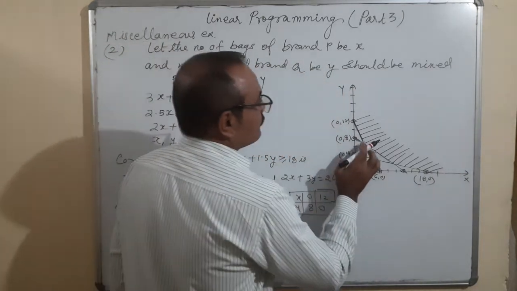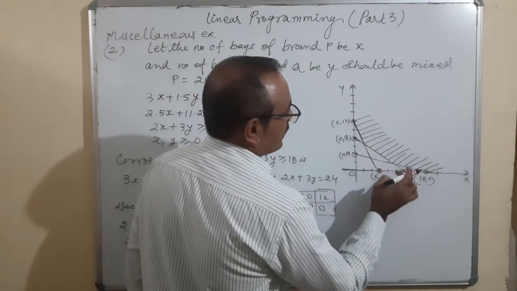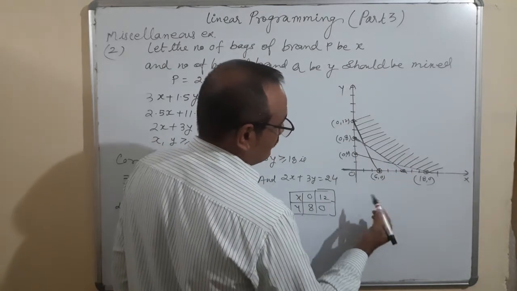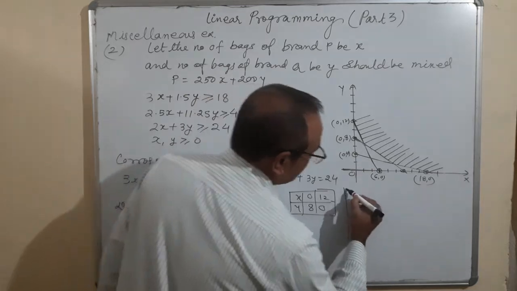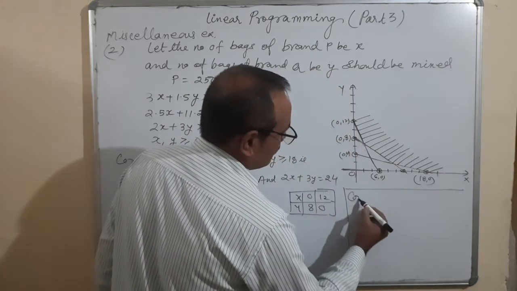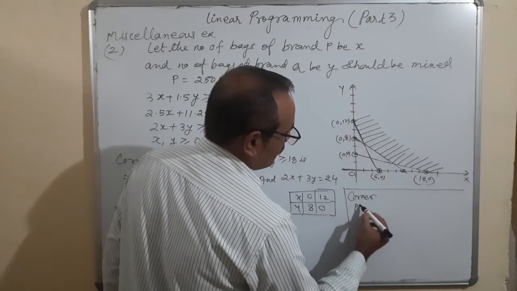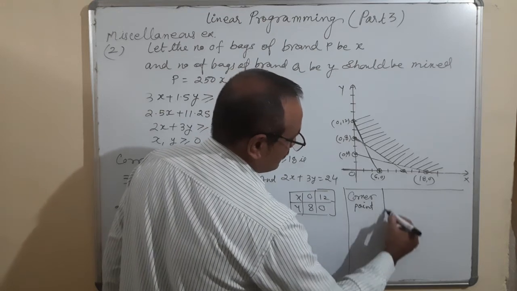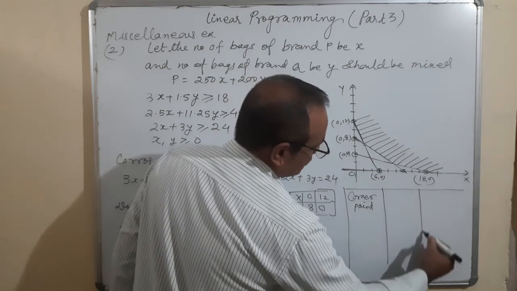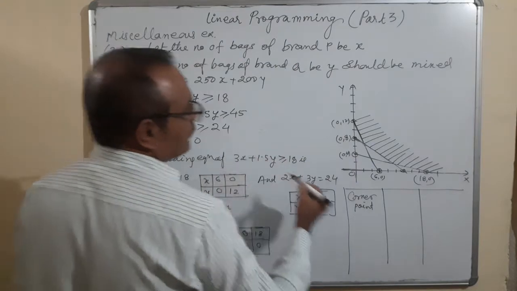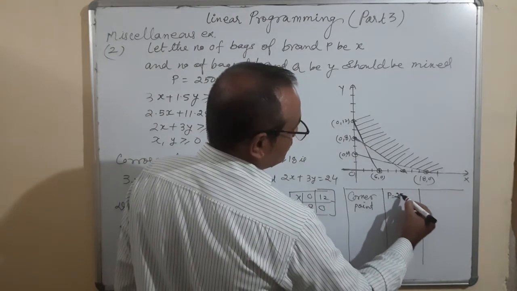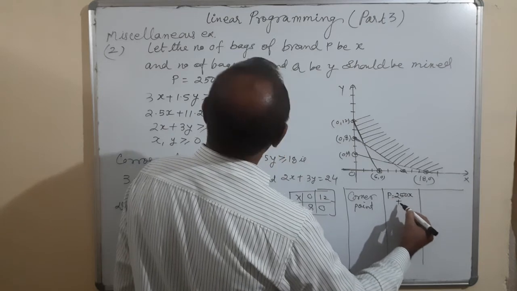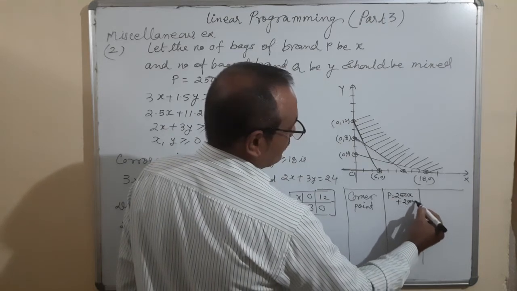So the corner points are, now I would like to write here in the table, the corner points and the profit equation, P is equal to 250x plus 200y.